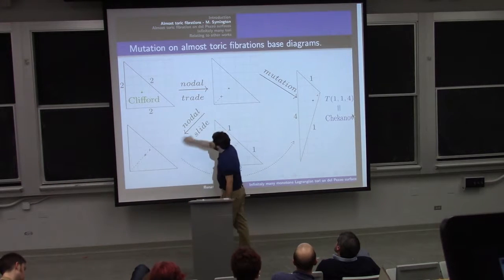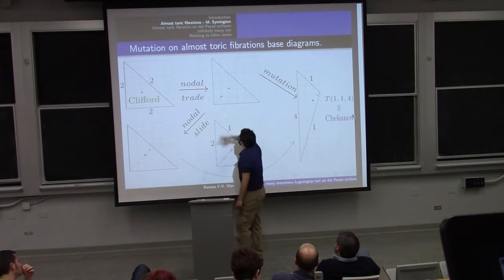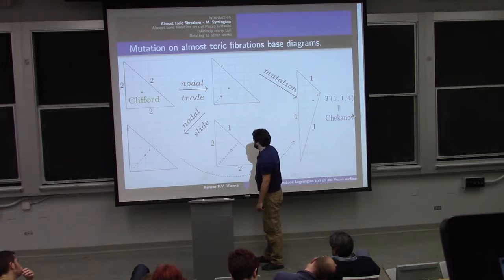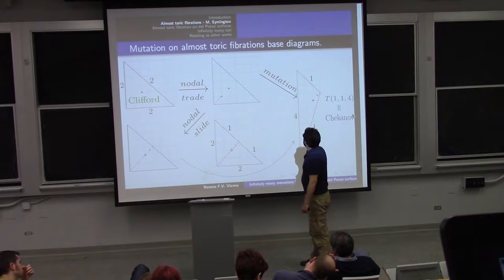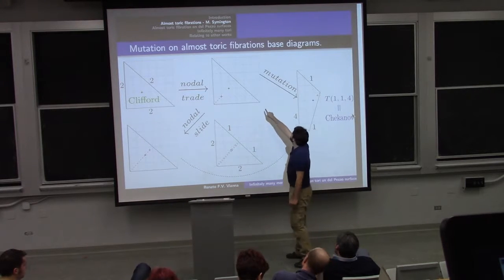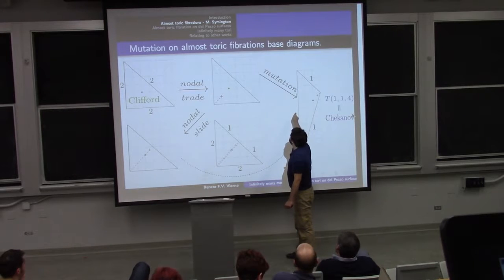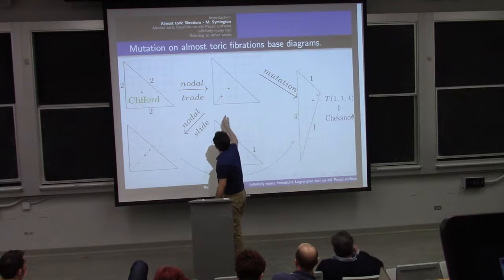And I can always perform these nodal slides, and they will correspond to just different, let's say, Lagrangian singular foliations of my base. But then in these diagrams, I like to call a mutation the following procedure.